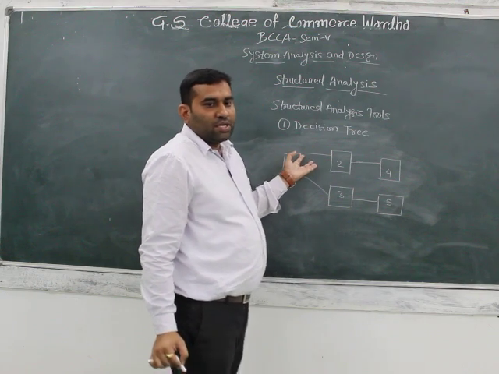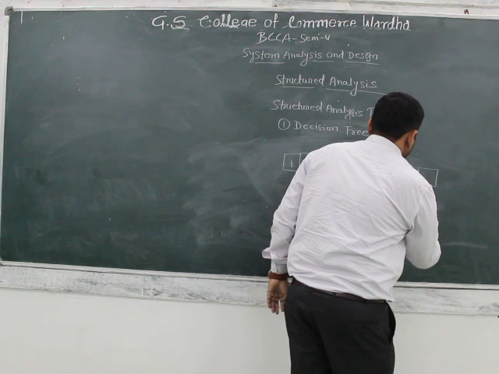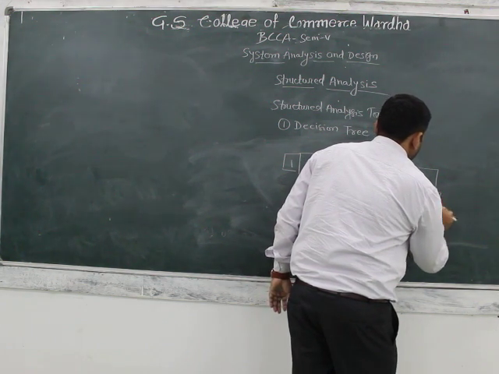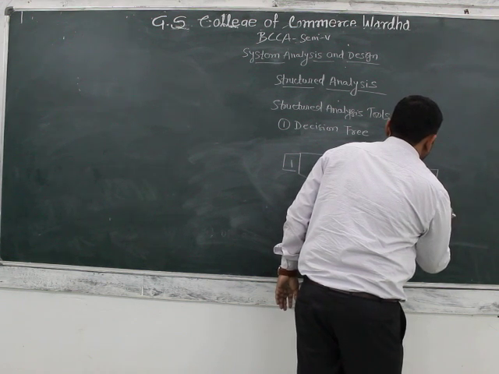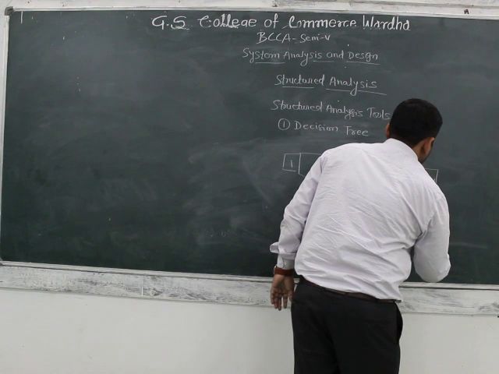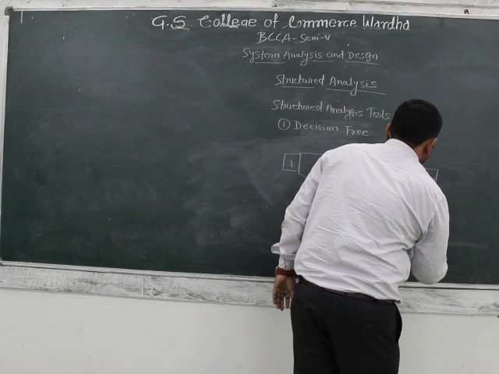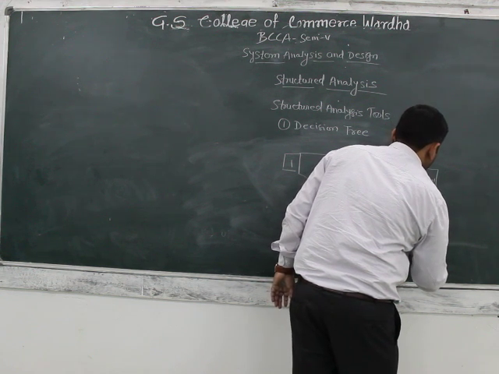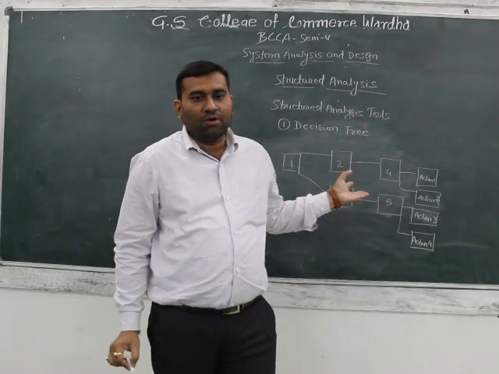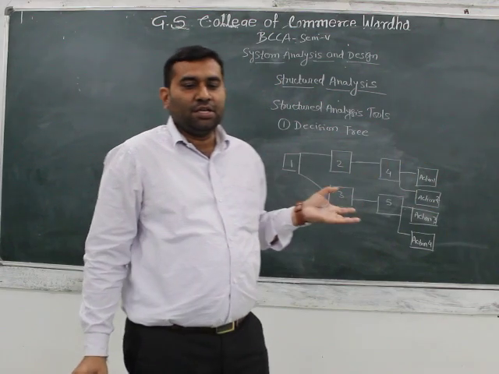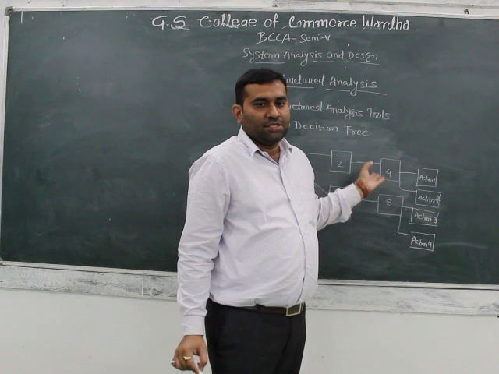For this purpose decision trees are used. Action 1, then action 2, action 3, action 4. These tree forms show the relationship between each condition and which permissible actions are taken.